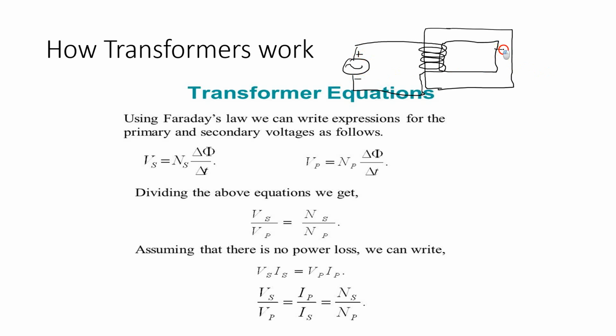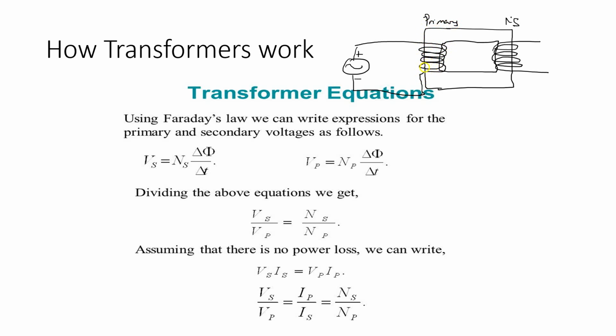And of course, your secondary coil, something looking like that. So this is your secondary. This is your primary. And as you can imagine, there are several turns of the wire wrapped around the primary coil.